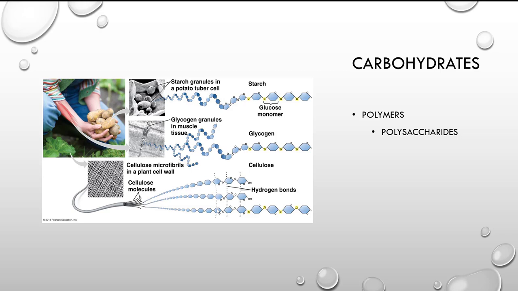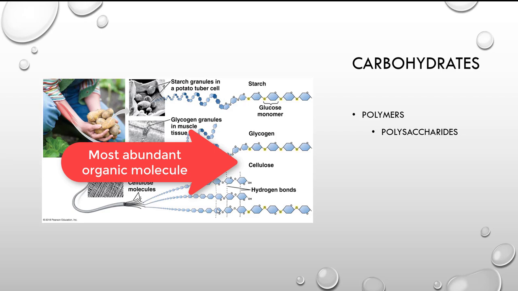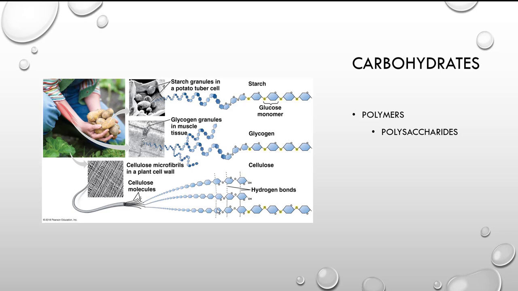Cellulose happens to be the most abundant organic compound on Earth, because we have lots of plants out there. Plants are at the bottom of the food chain. Each plant is made of millions of plant cells, and each plant cell has a cell wall made of cellulose.